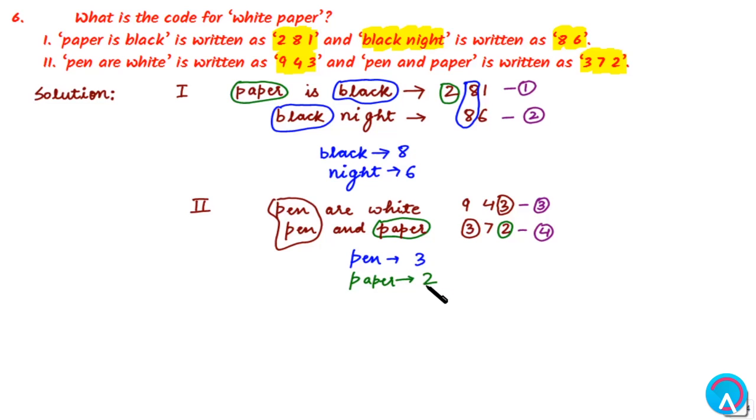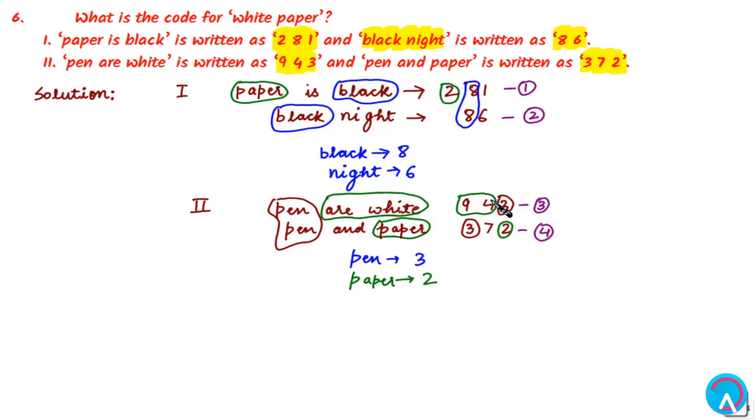Now we have the code for paper, but we can't say anything about white paper because here we have R white. So R white will correspond to 9 and 4, but we do not know which number R corresponds to and which number white corresponds to.